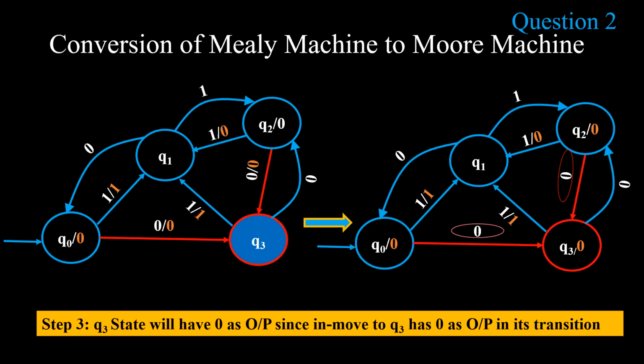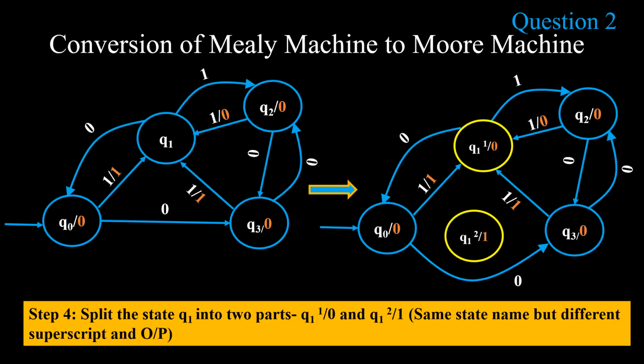Now the point arises, what about the Q1 state, which had different outputs corresponding to 3 inputs? We will split this state Q1 into 2 parts. One is Q11/0, another is Q12/1. Same state name, different subscripts and outputs.